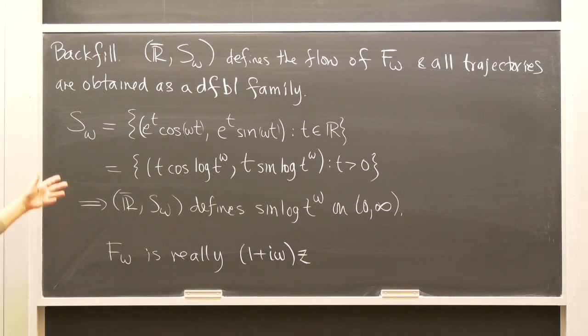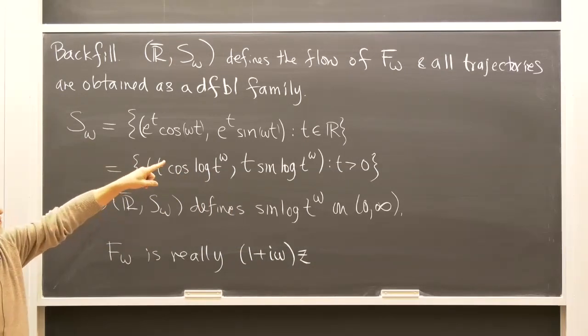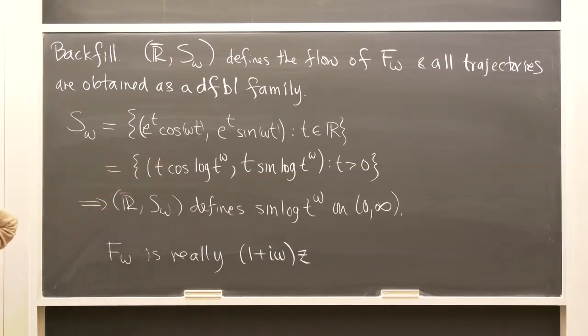It also immediately explains why this is a trajectory of the vector field. And so once we realize this, we understand that the other maximal trajectories are all complex scalar multiples of the log spiral, including 0, by the way.